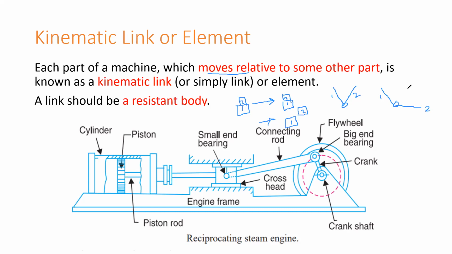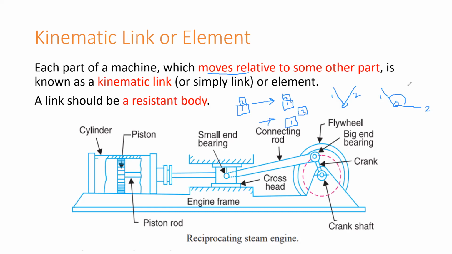By looking at the angle between them, earlier what was the angle, now what is the angle, you can say whether relative motion is happening or not. See, the position of 1 and 2 with respect to each other has changed.